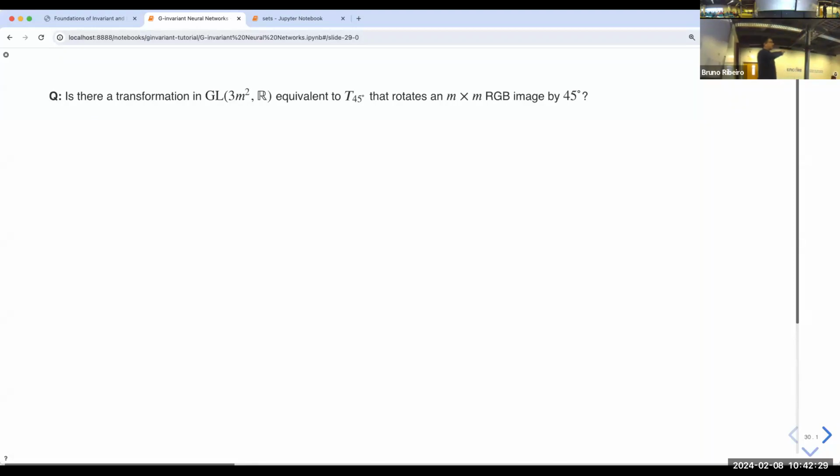Okay, so that said, if everybody is understanding what I'm saying so far, and it all seems very simple, I have an interesting question. Is the transformation of rotating an image 45 degrees in this group? No. Why not?